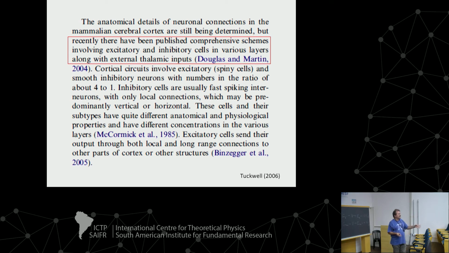What type of cells, their firing type, if they are excitatory or inhibitory, their proportions, how they are connected within a given cortical column, both vertically and horizontally, and how they are connected to other cortical columns. So we have very rich information about all these structures.